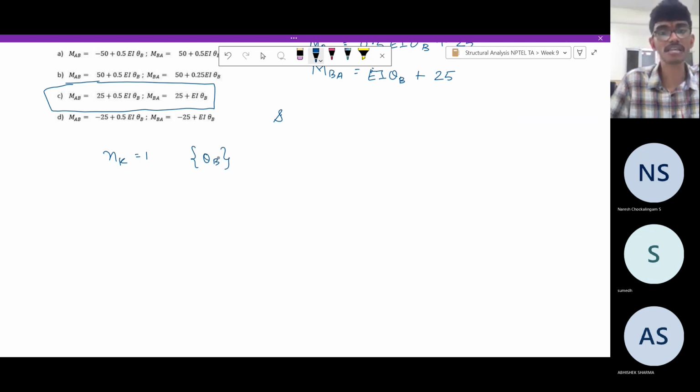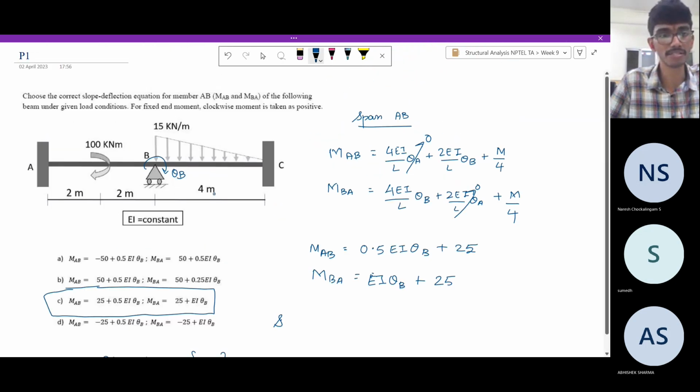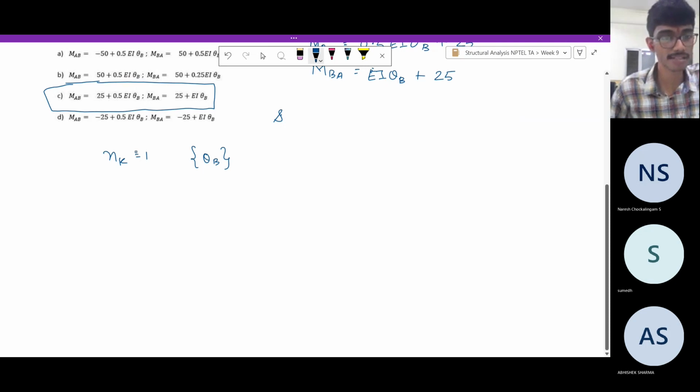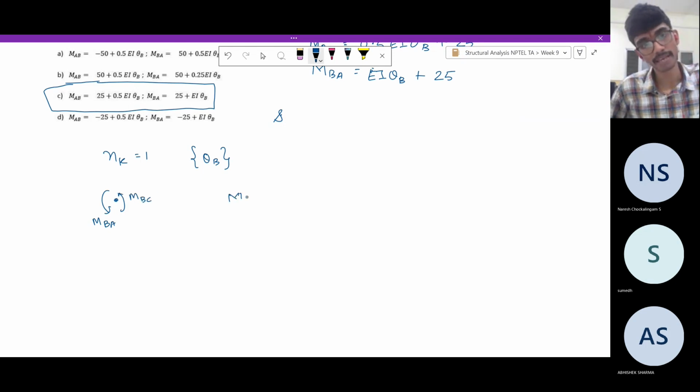So where should I enforce the equilibrium equation? At the joint B. At the joint B, I have MBA and MBC. So MBA plus MBC is equal to 0. What is MBA? EI theta B plus 25.